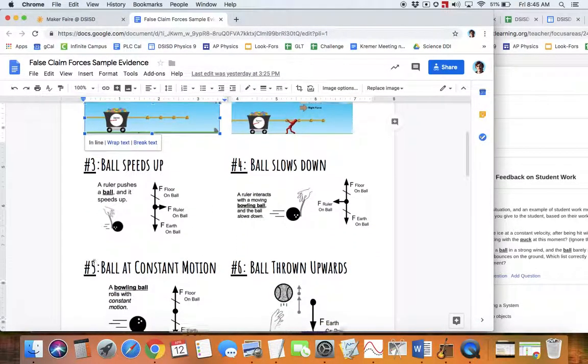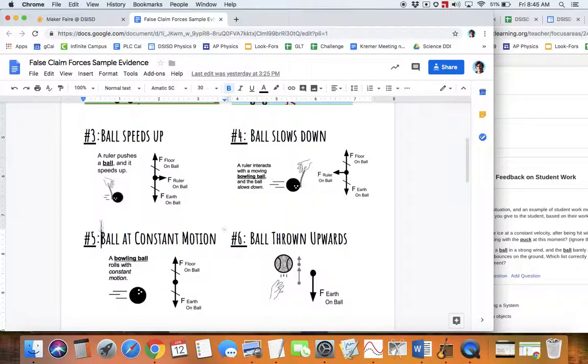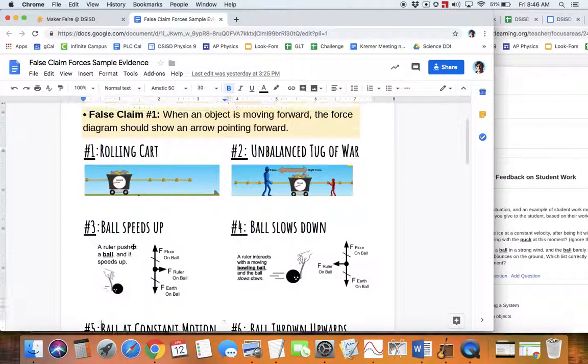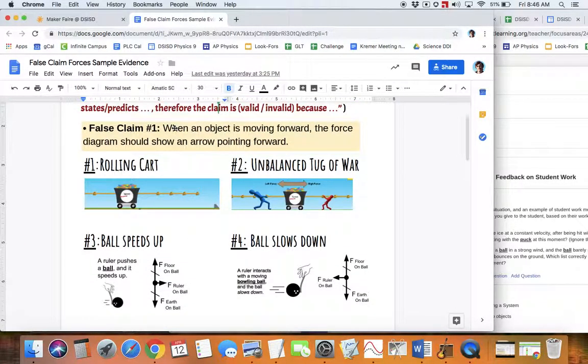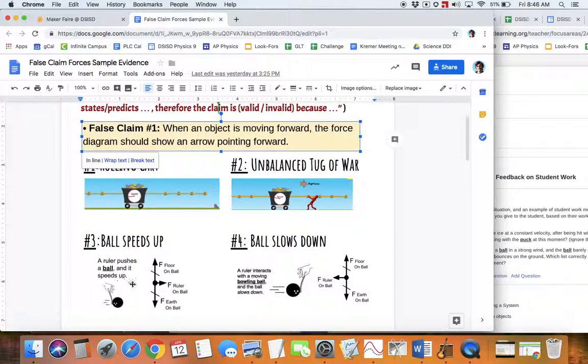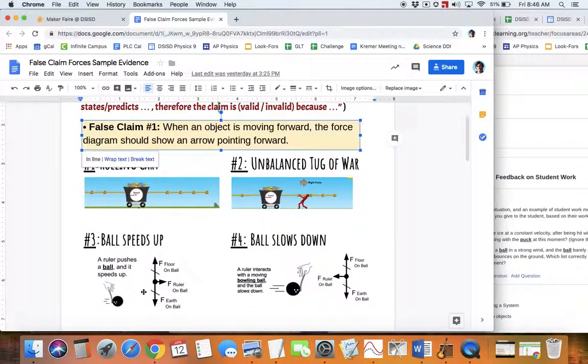Let's look down here at these force diagrams. This situation shows a ball moving to the right while a ruler is pushing it to the right. Again, this evidence makes me think that this claim is correct, because this ball is moving forward and there is an arrow pointing forward. So this evidence actually supports the claim, which means it's not the evidence that I want.